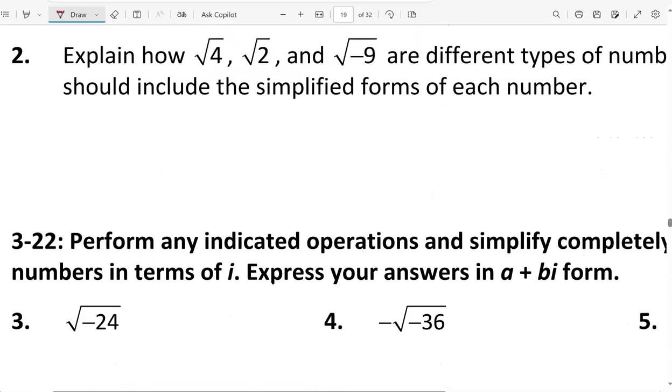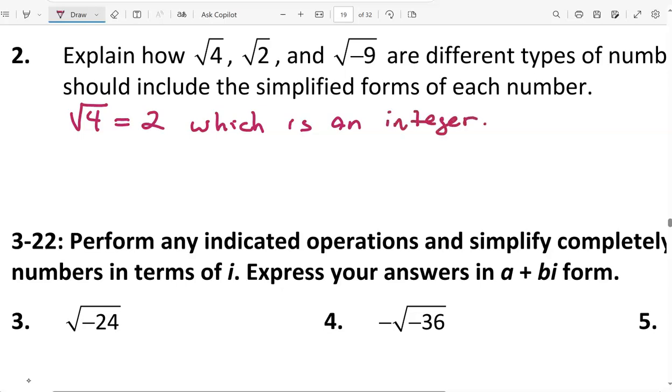In number 2, we're asked to explain how square root of 4, square root of 2, and square root of -9 are all different types of numbers. There are simplified forms that are going to look a little different for each of them. On the surface, they all look like square roots, but the square root of 4 is equal to 2, which is an integer, and that is also a whole number.